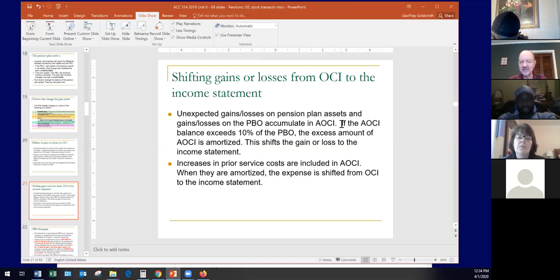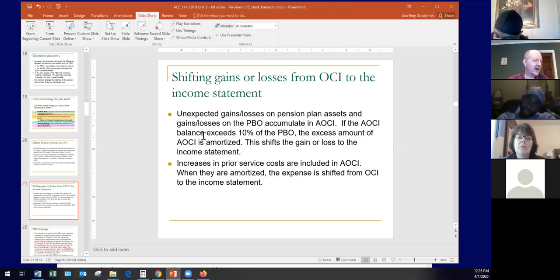They tend to offset each other in the long run. So often these gains and losses tend to wash in the long run. That is, they have about as many gains and losses in the long run, so the balance of this account usually doesn't get very large.